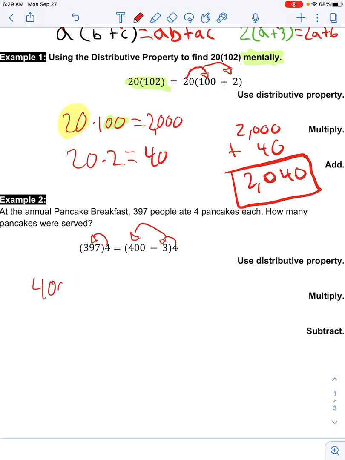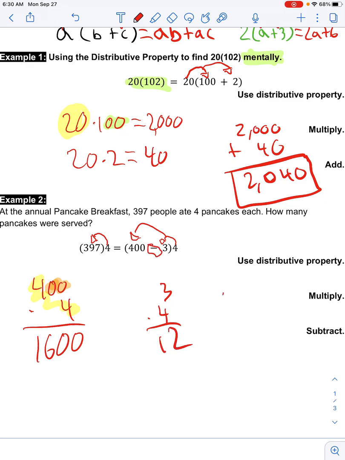So again, mentally, if I'm thinking, how in the world do I do 400 times 4? Well, I think 4 times 4 is 16. And I'm going to count how many zeros I have. I have 1, 2, which means I need to add 2 zeros. And we can definitely do 3 times 4 in our head, which is 12.